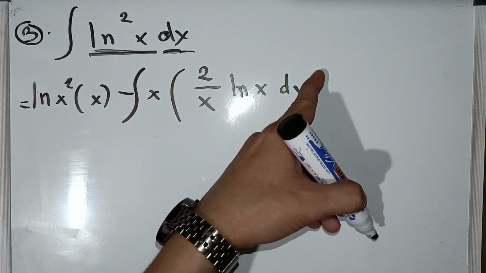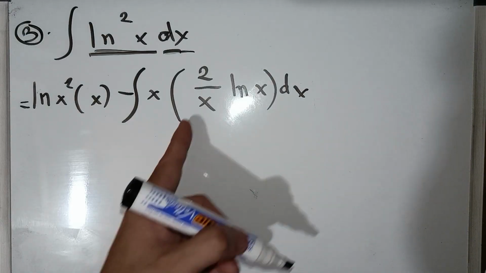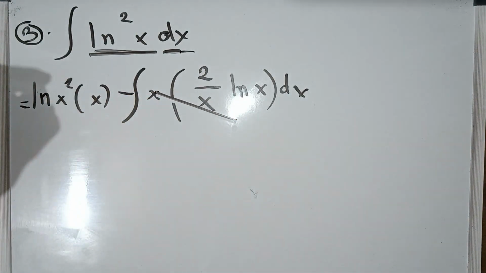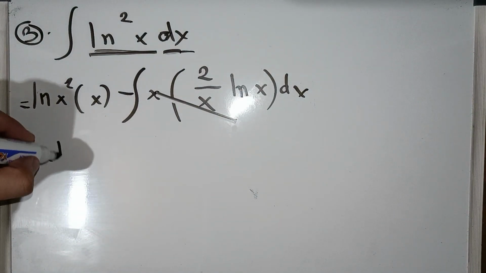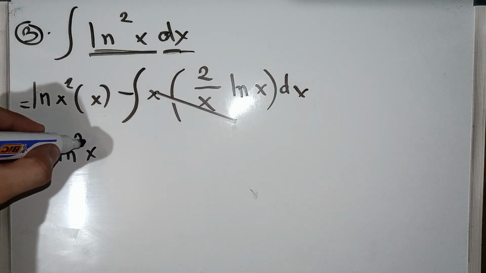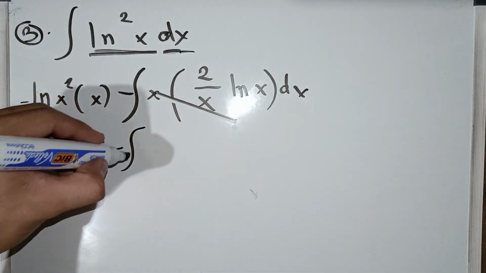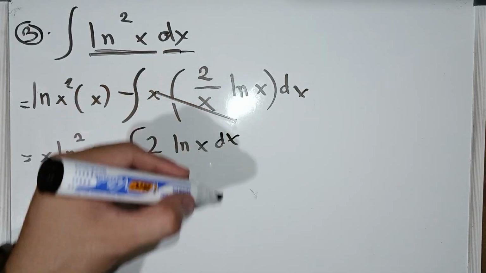So now we can simplify this and rewrite. We will have to cancel this one, so that is equal to this x ln x squared. Let's put it here, so minus, simplify this one, the integral of 2 ln x dx.